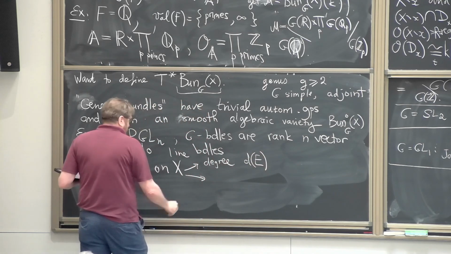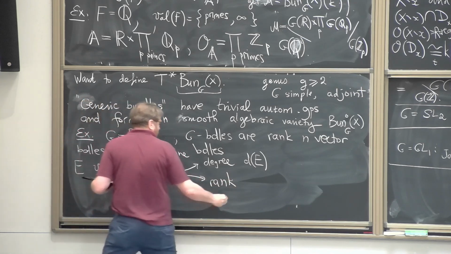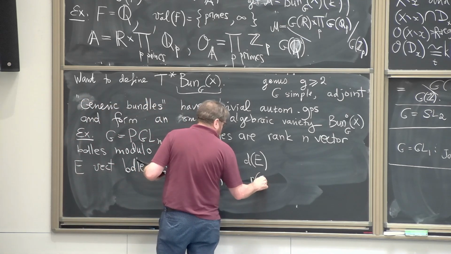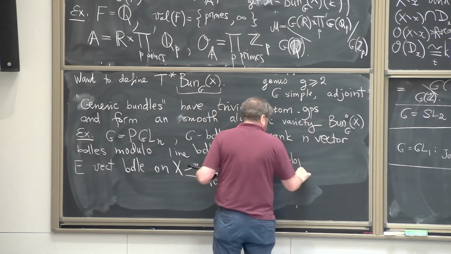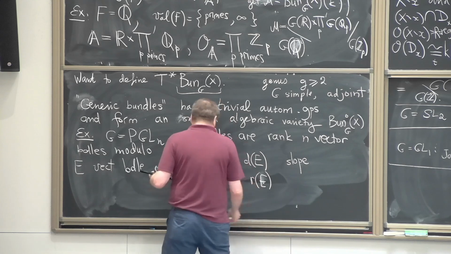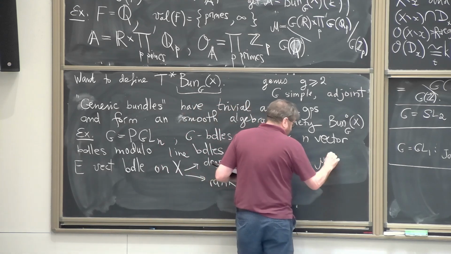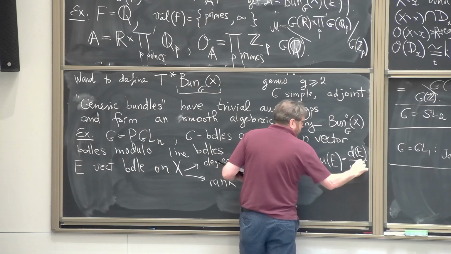And the other is the rank, the dimension of the fiber, which is denoted by r(E). And then we can define the slope, which is a rational number, mu(E), and this is the degree of E divided by the rank of E.